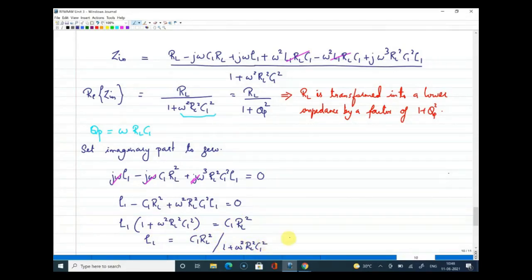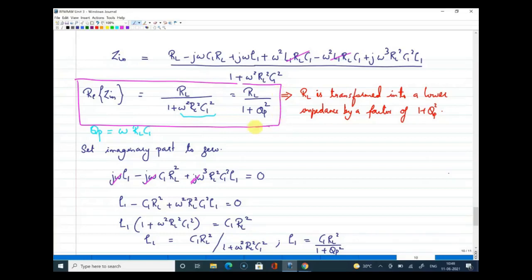Similarly, how we wrote before, I can say L1 is equal to C1 RL square divided by 1 plus QP square. So what we got here is the real part of impedance is equal to RL by 1 plus QP square, which is a lower value, and the inductance should be selected in such a way that it should be equal to C1 RL square by 1 plus QP square. This is the real part of impedance and the inductance value.